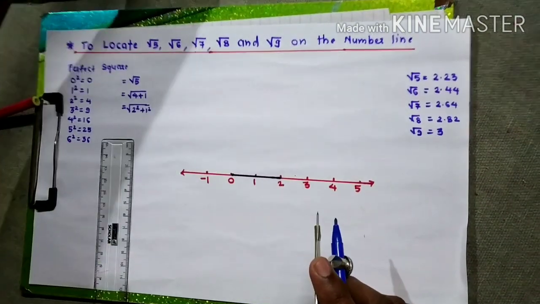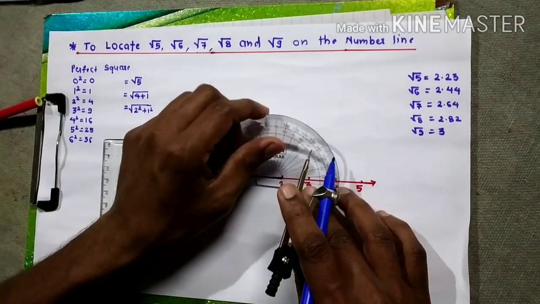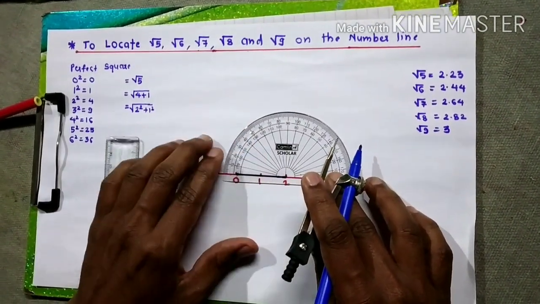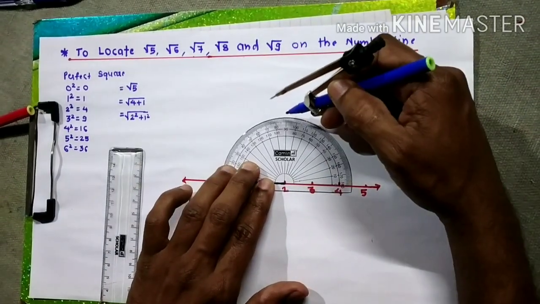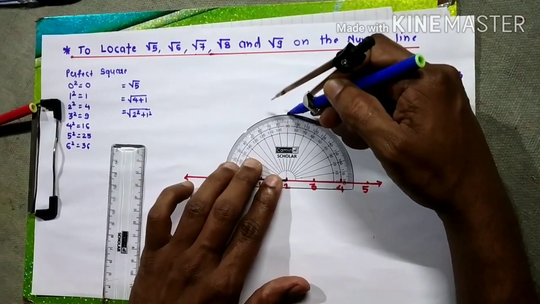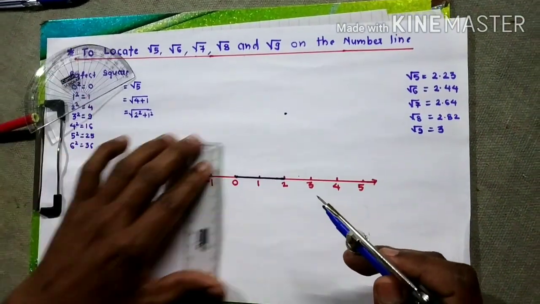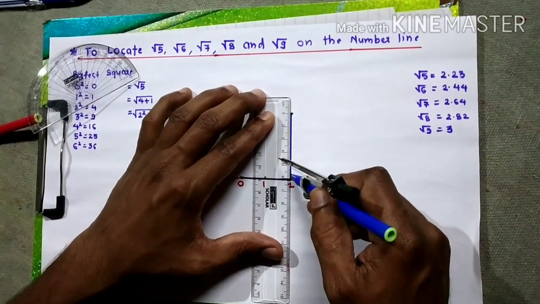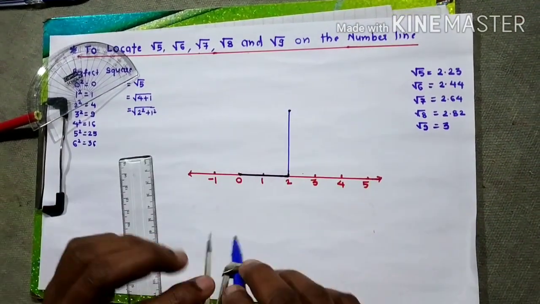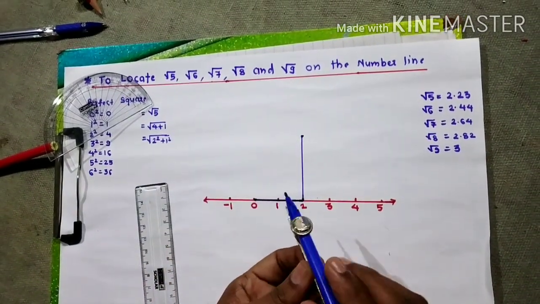So let us take 2 units, and this is the base. Now here we have to draw one perpendicular by using a protractor, or otherwise we can use a D shape. Now join these 2 points. Then on the perpendicular you have to take 1 unit distance.